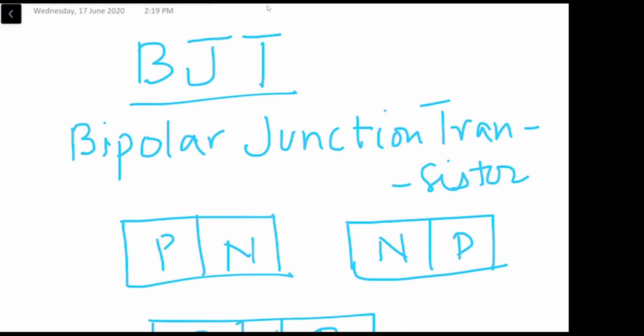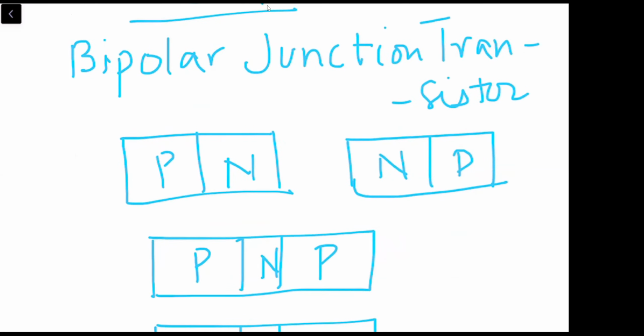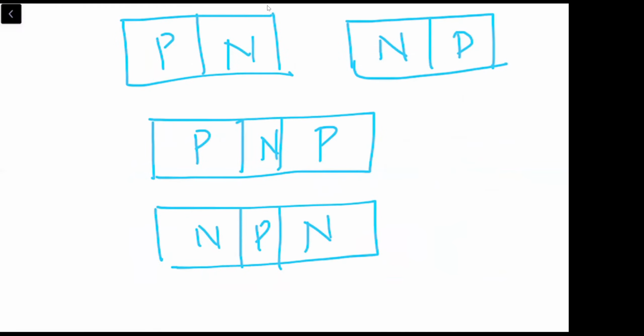So the transistor has a flow due to both the free electrons as well as the holes which are in the valence band. If we have a PN junction and another PN junction diode and we want to combine them, we will have either a combination like PNP, or a combination like NPN, right? Are you with me?